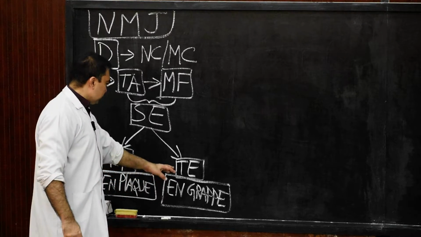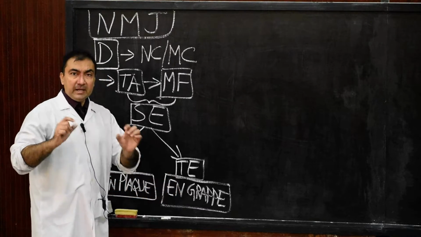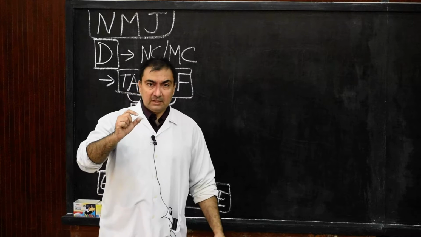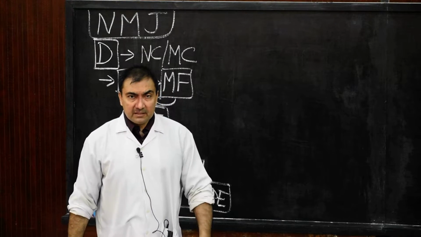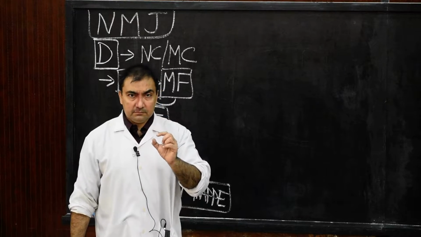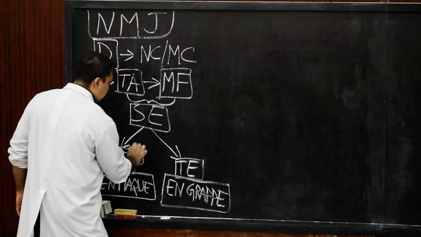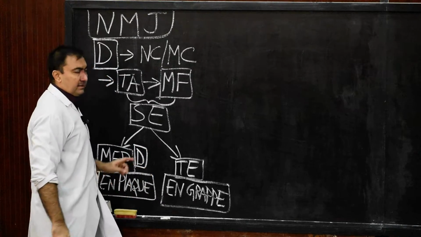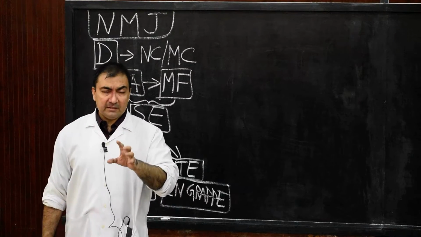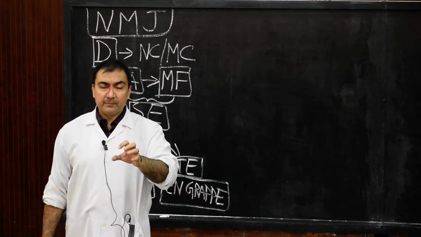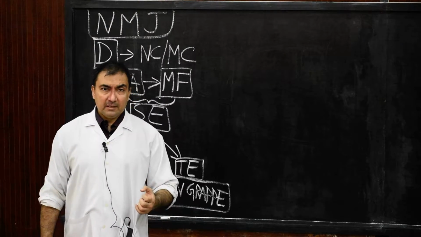Now, where are these two found? The motor end plate endings or the end plaque terminals are in the form of disc-like endings, and they are found in fast muscles having phasic contractions, very fast contractions.